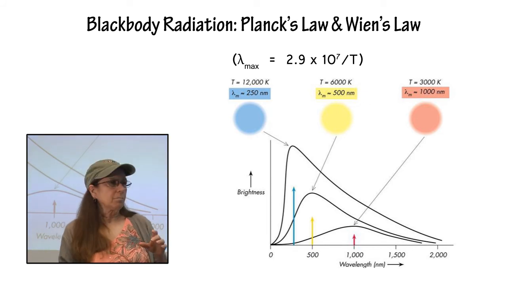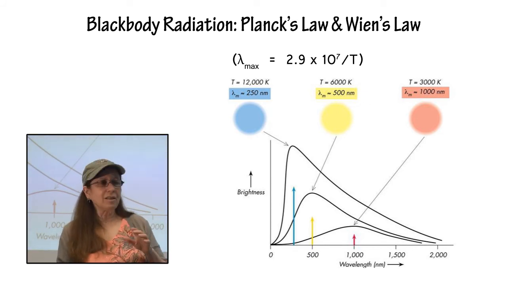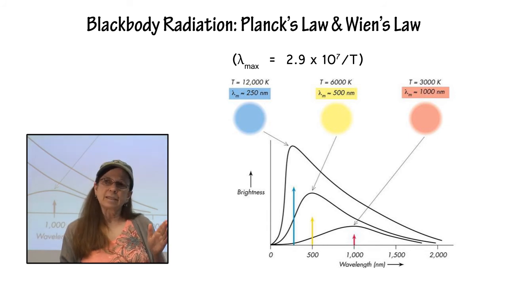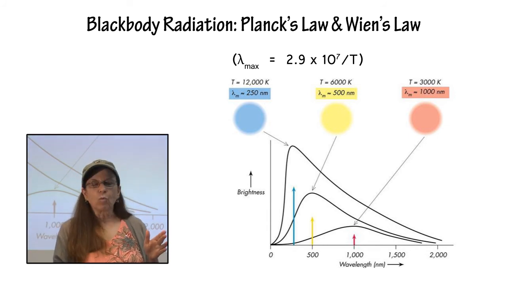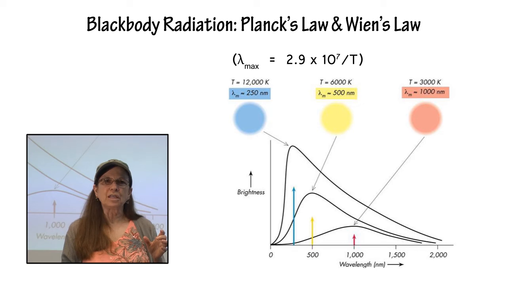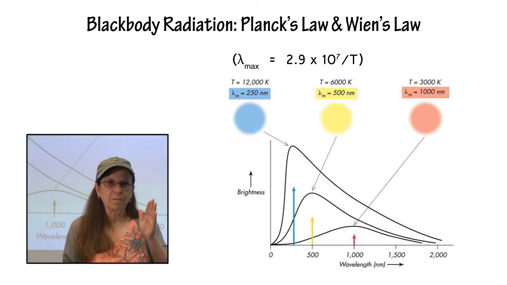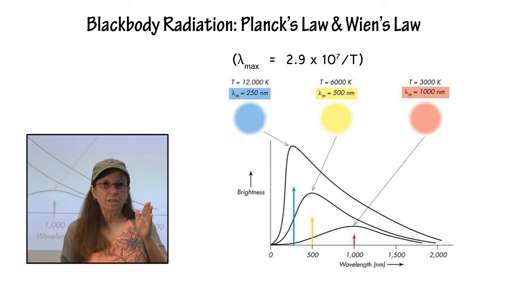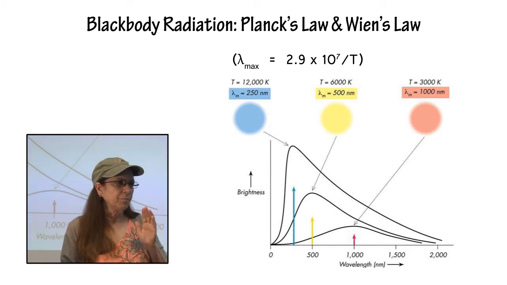And that's Planck's law. Wien's law tells you that every single star has a wavelength at which it produces its maximum radiation, its peak wavelength, which is, of course, dependent upon its temperature.